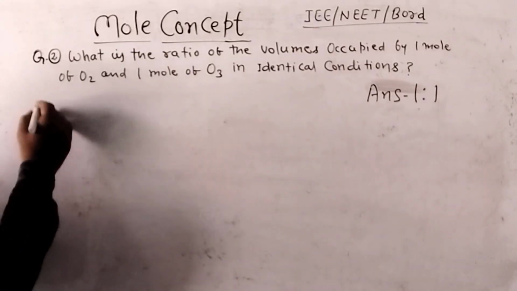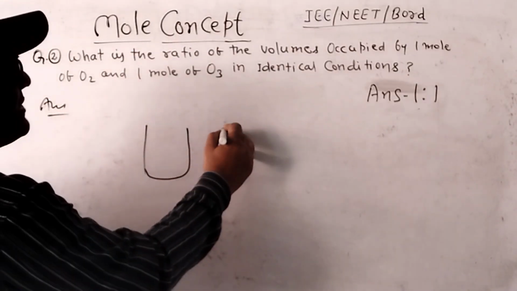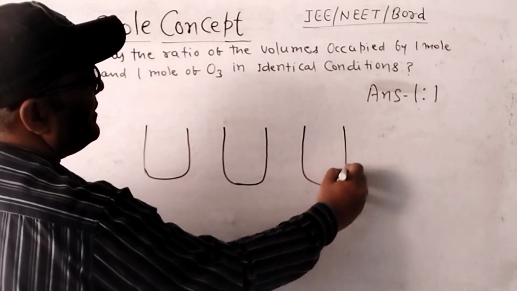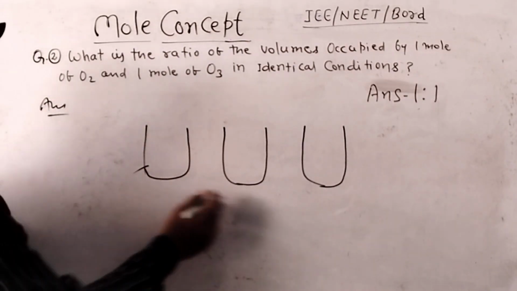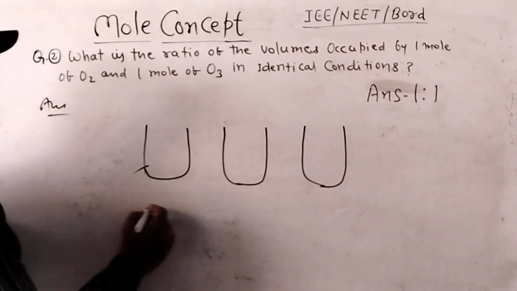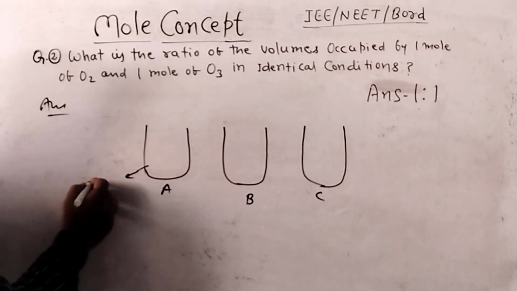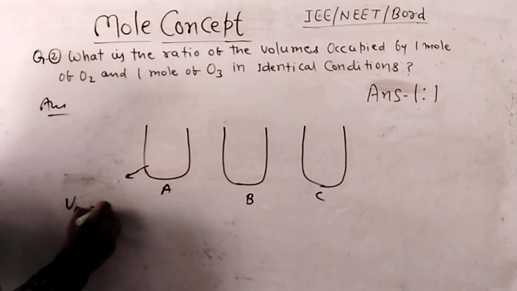Now, consider three different gases having the same volume present in these containers, container A, container B and container C. In container A, the volume of O2 is 1 liter.